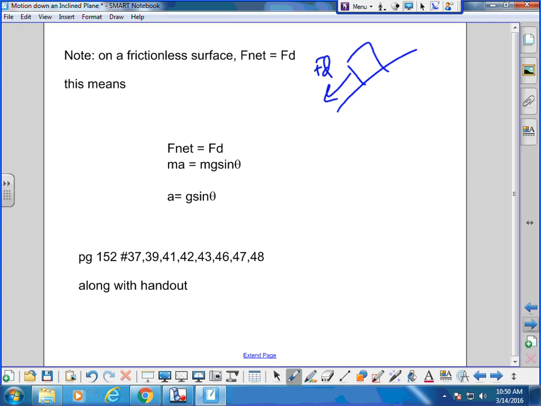What happens to the m's? You'll see that acceleration is equal to g sine theta. On a frictionless surface, the acceleration is g times sine theta, which makes it always less than 9.8. Therefore, acceleration must always be less than 9.8, because it's 9.8 times the sine of theta.